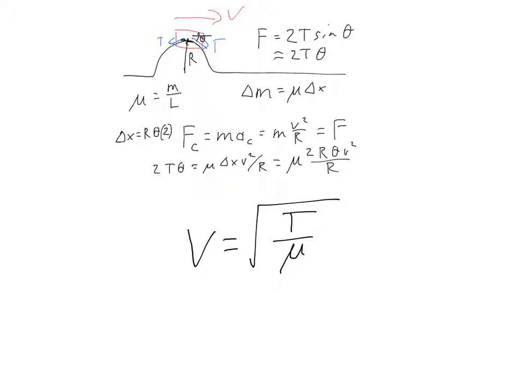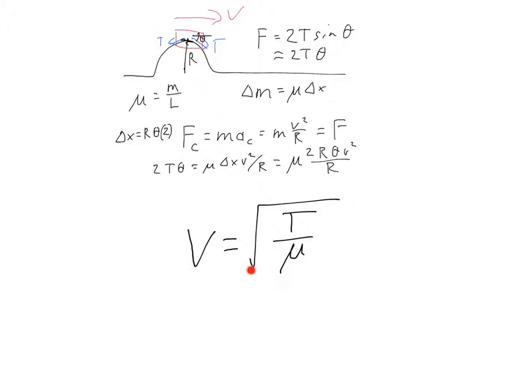So this means that if you have a really taut string, the wave speed should be really fast, which makes sense. If you have a lot of tension, it's going to want to force that string down really fast and move that wave along. And if you have a really massive, thick, heavy rope, that's really hard to accelerate, so it would be more resistant to these sorts of motions.